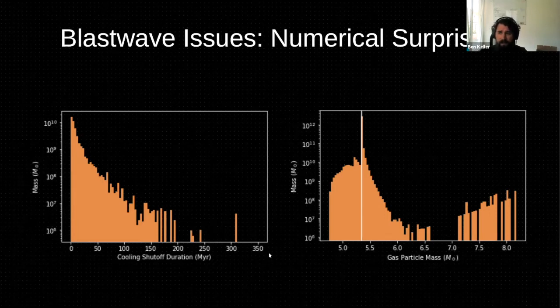There's also another issue, not directly related to the feedback model, but it has to be addressed as well, which is that if you look at the gas particle masses, this should be a log gas particle mass in the MUGS simulations. You can see the initial particle mass here of a couple times 10 to the 5. Gas particles that have lower mass because they've spawned star particles.